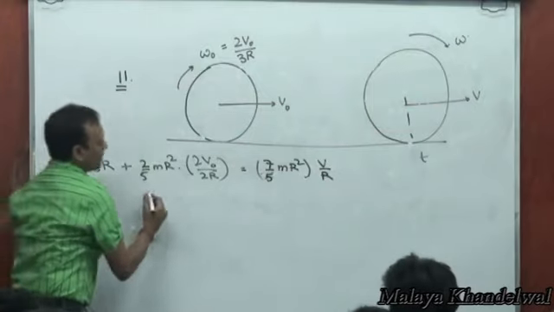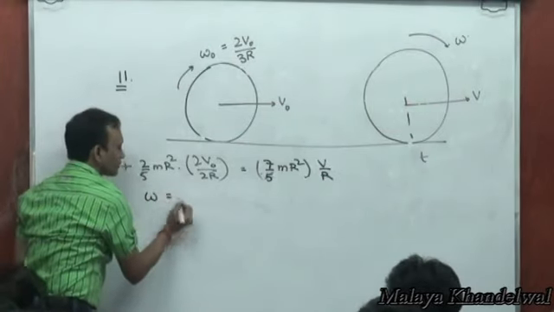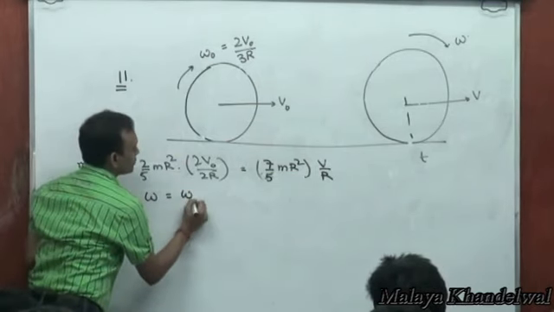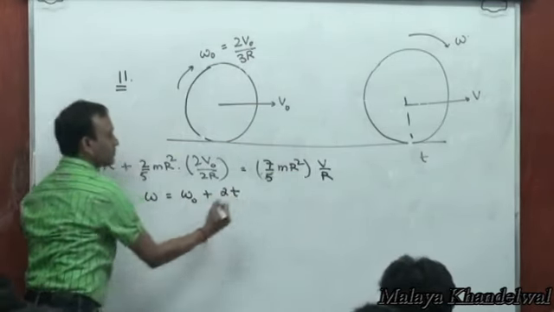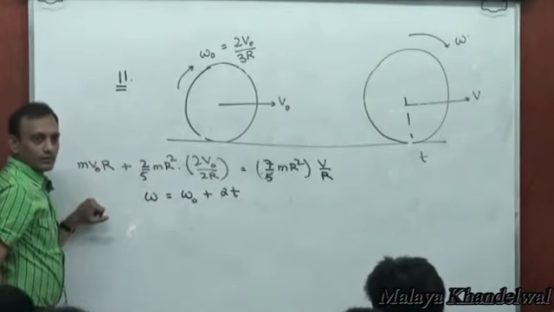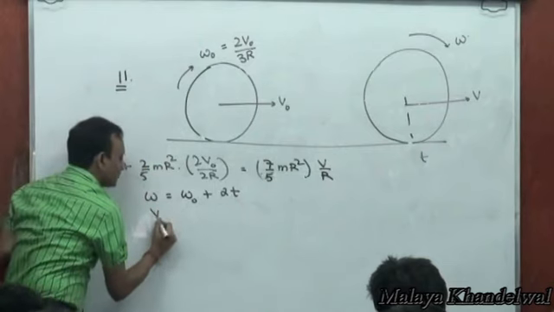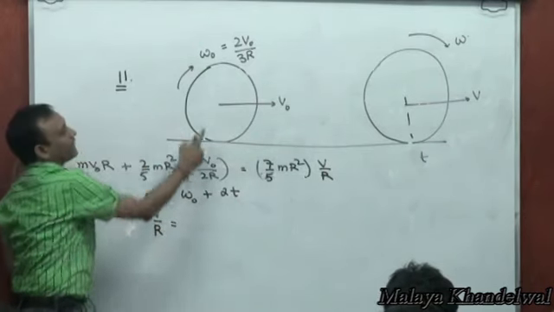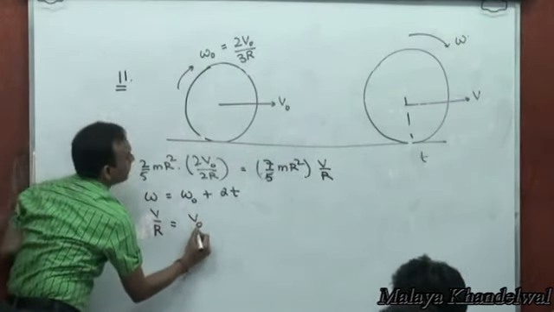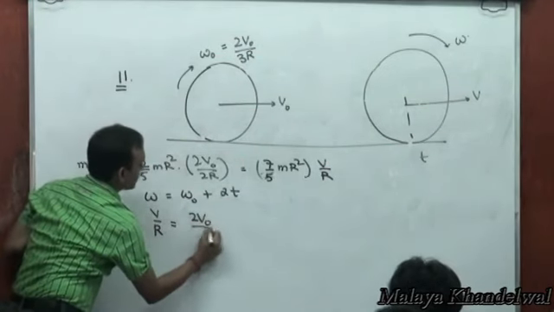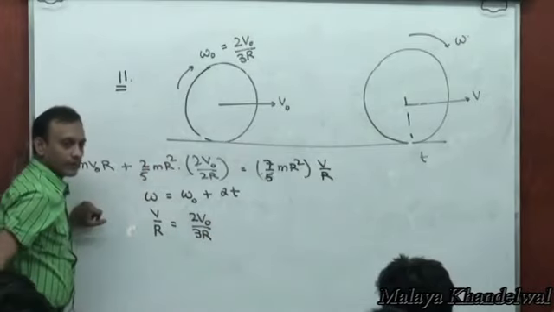And then the omega goes as omega equal to initial omega naught plus alpha t, right? But the omega there is like a v by r. Omega naught here is 2v naught by 3r, right?